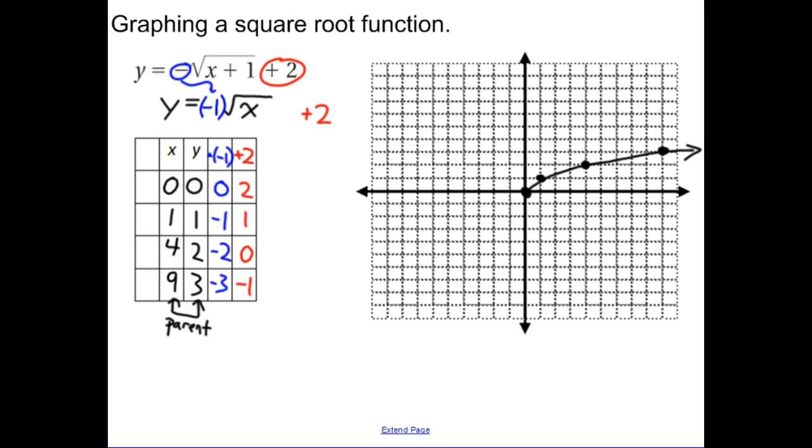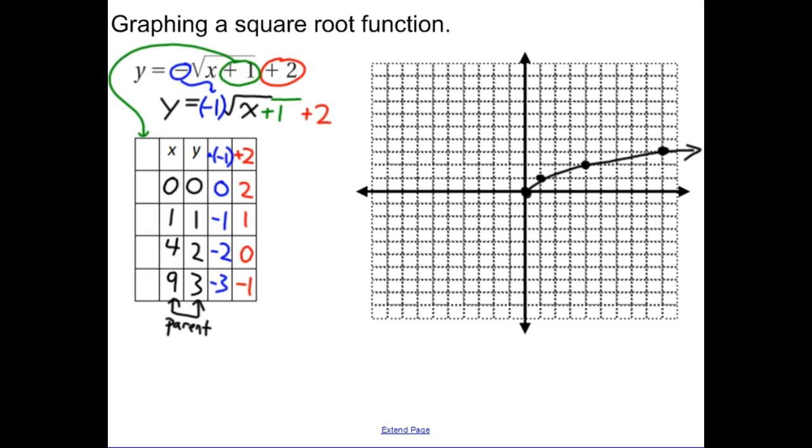Okay, that does it for the y values, but you'll also see that I'm modifying inside the square root function my x value with a plus 1. So I can think of that as modifying my parent function by adding 1. And what that's going to do is it's going to modify my x value.